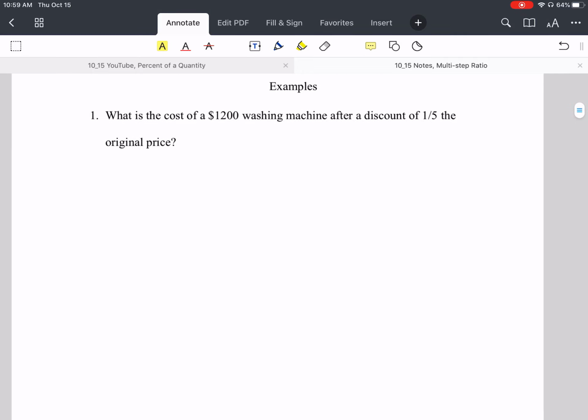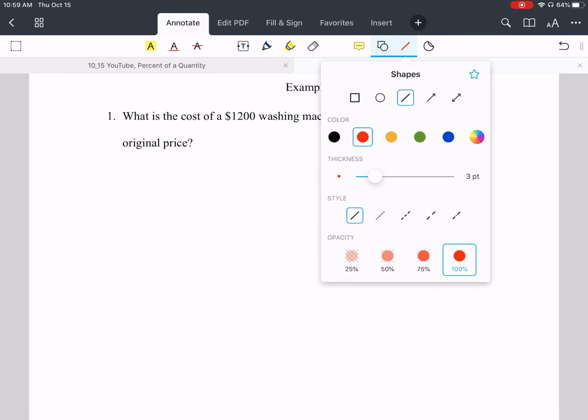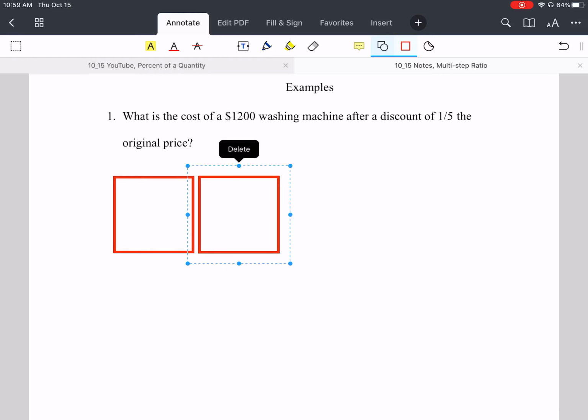All right, question 1. What is the cost of a $1,200 washing machine after a discount of 1/5 the original price? So what we're going to start with is 5 boxes for our tape diagram.